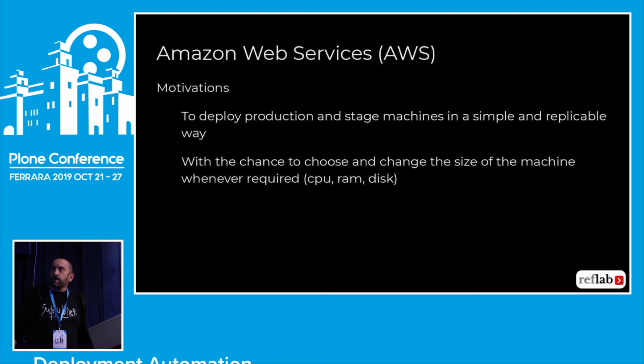I think you know Amazon Web Services. The best thing about Amazon Web Services is that you can choose very different types of machines, of all sizes, with different numbers of CPUs, different types of RAM, different types of network interfaces, and you can add some disks at runtime.